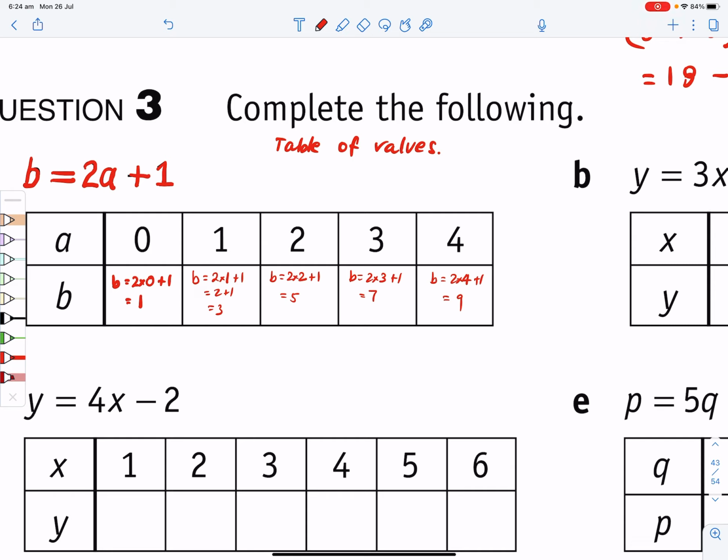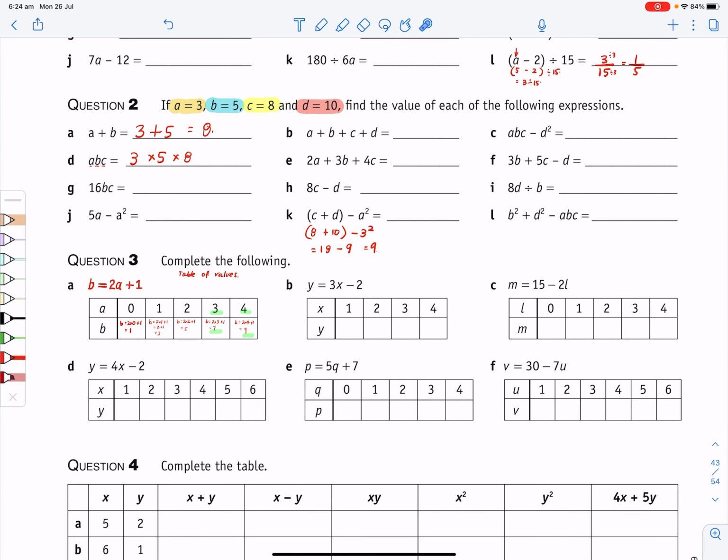Okay, so you can see there, for every A value, I have found the B value. So when A is 0, B is 1. When A is 1, B is 3. When A is 2, B is 5. When A is 3, B is 7. And when A is 4, B is 9. And that's what you must do for all of these tables.